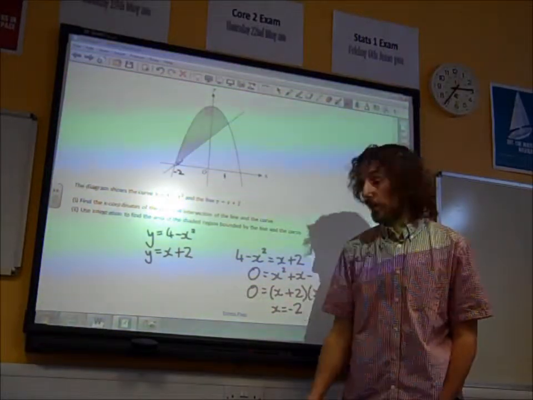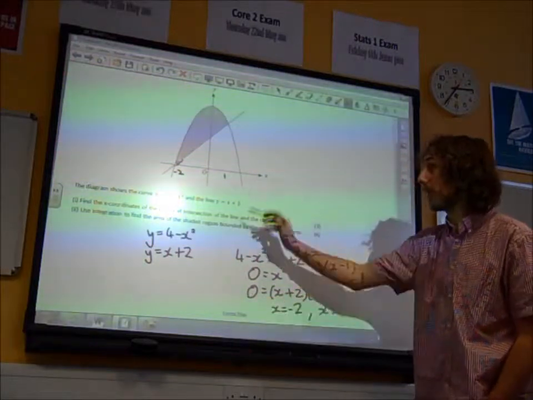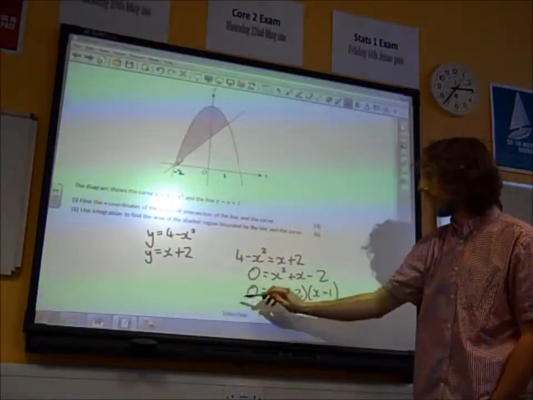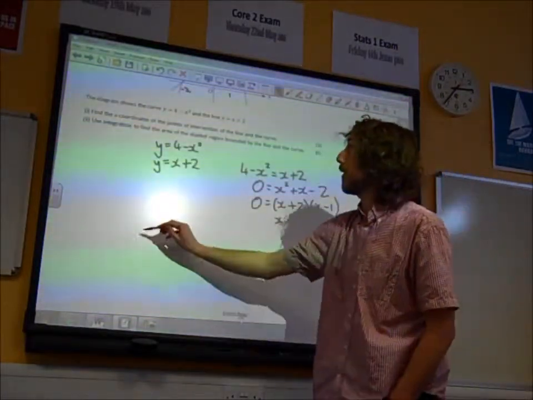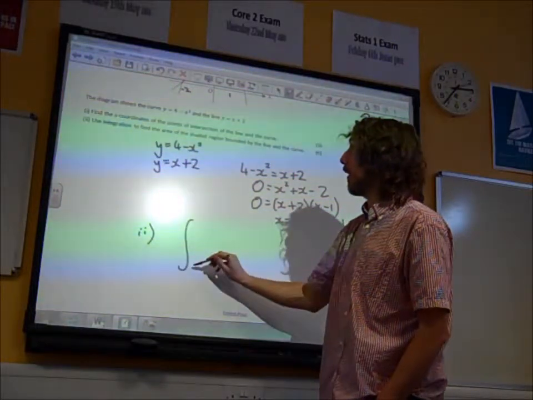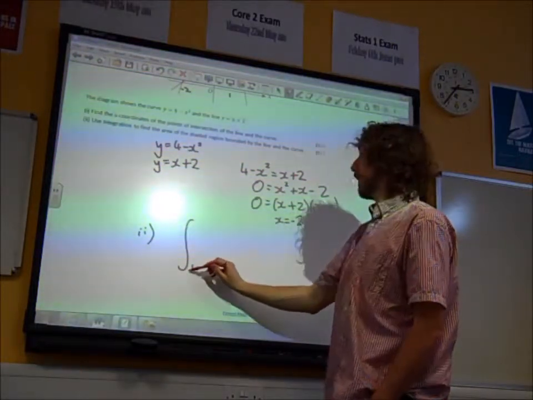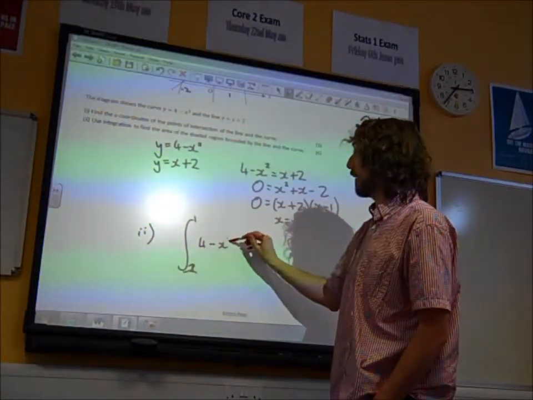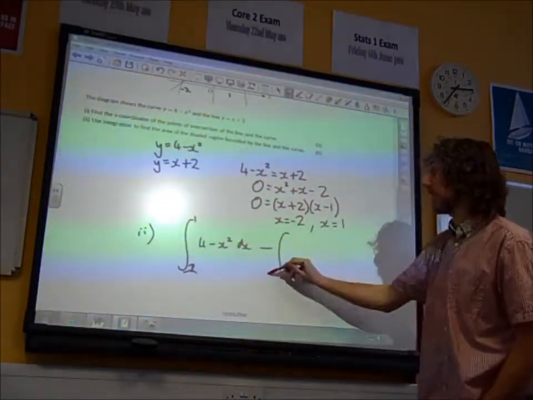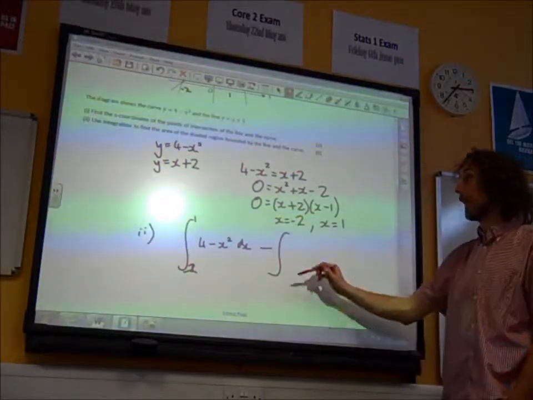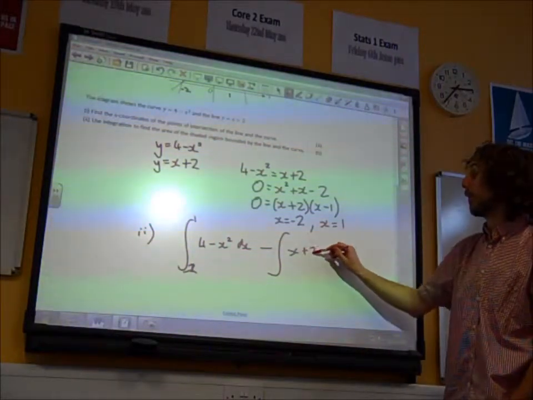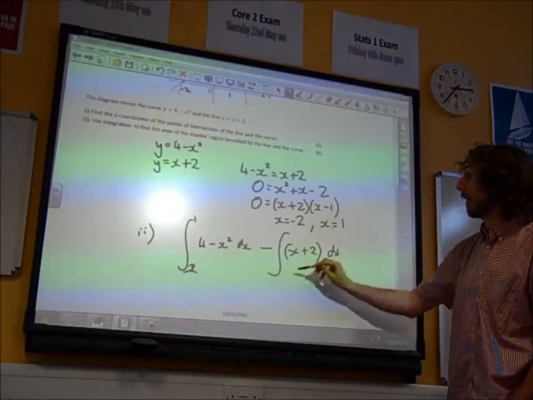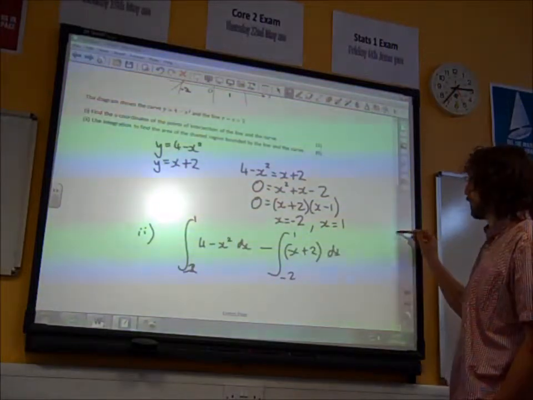Or we could do the whole thing with integration, and think that what we're doing is we're taking the thing on the top, which is the curve. So we're doing the curve from -2 up to 1 of 4 minus x squared dx, and we're taking away the straight line, x plus 2, between -2 and 1.